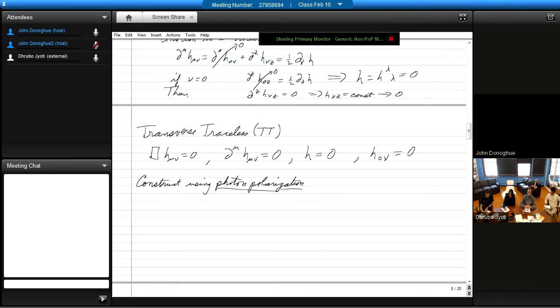So for photons, we have A mu goes like epsilon mu e to the minus i k dot x, where k squared equals 0 and k dot epsilon equals 0. And I can do the same construction as I did above for the gravitons, but for photons, and also set epsilon 0 equals 0.